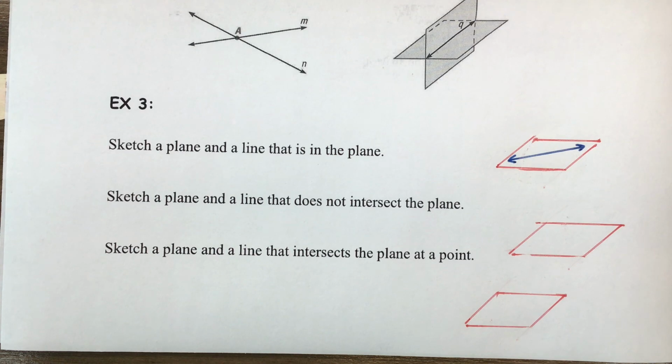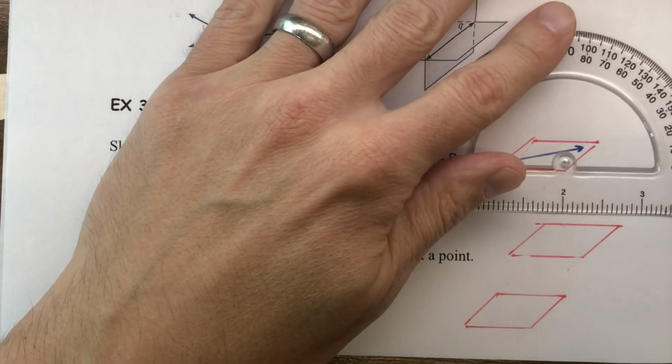The second picture, we've got our plane, and we're going to draw a line that does not intersect the plane. So the only way that our line cannot intersect the plane is if it floats above it, right? It's either going to be above or below, not next to, because the plane goes on forever. It's not going to have a tilt that will eventually bring it into the plane. So what we're looking at for that is a line that would be parallel.